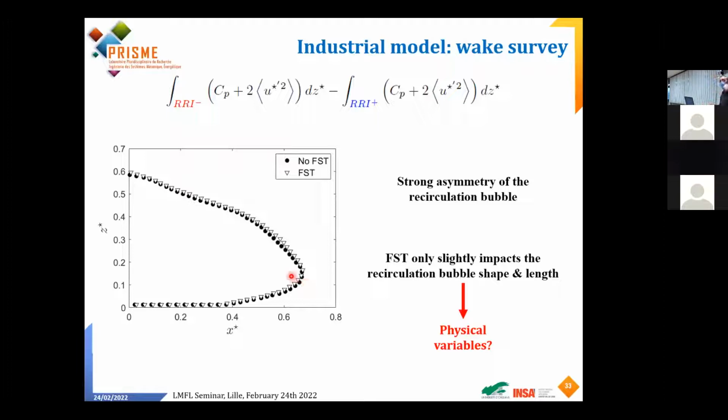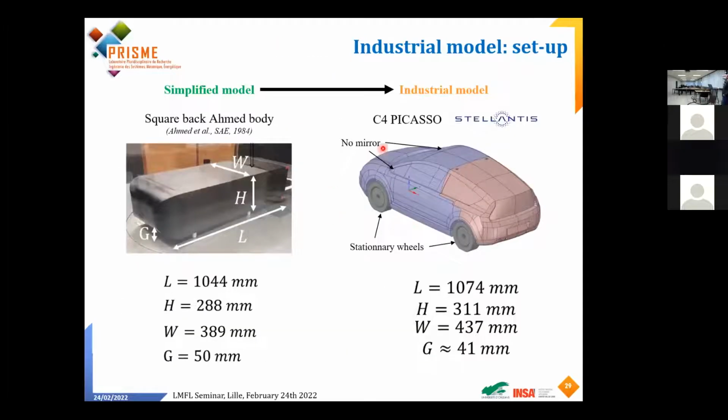Also, there is already a strong asymmetry of the bubble compared to the Ahmed body. That's obvious. For this vehicle, the flow on the top is very different from the bottom, whereas the Ahmed body has roughly the same geometry whichever side we look at.